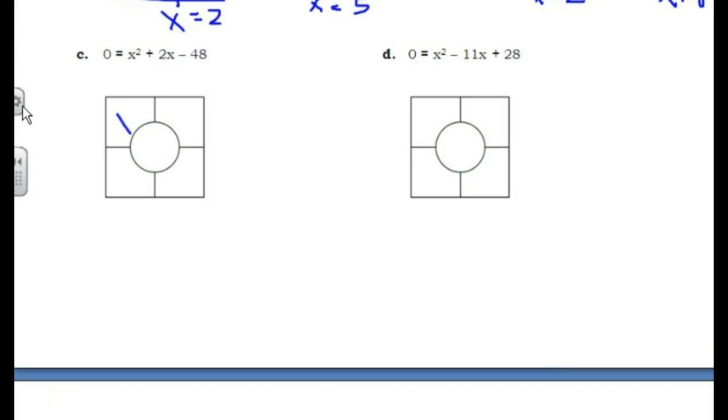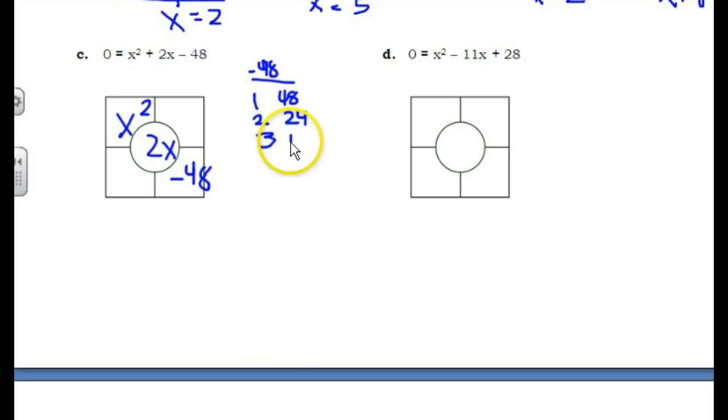I'm going to go through this one very quickly. X squared, 2x, negative 48. Factors of negative 48: 1 and 48, 2 and 24, 3 and 16, 4 and 12, 6 and 8.